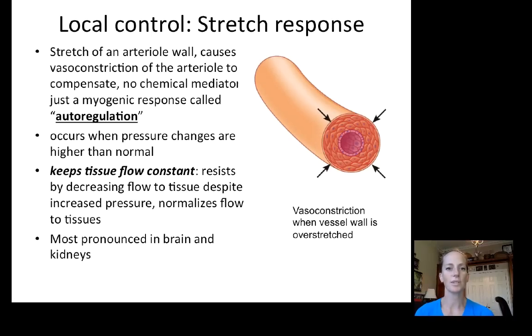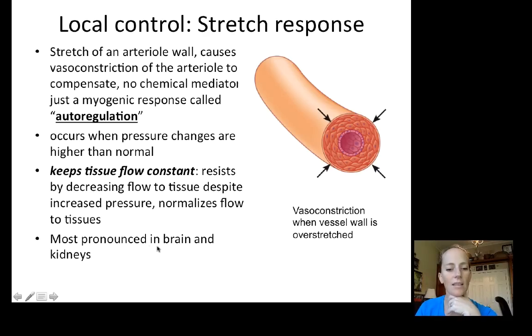We also have a stretch response in the arterial walls. This is an autoregulation, and this makes sure that the arterioles don't get overly stretched. So when blood pressure is higher than normal, this makes sure that it will resist too high of pressure. Despite the increased pressure, it will normalize the flow to the tissues.